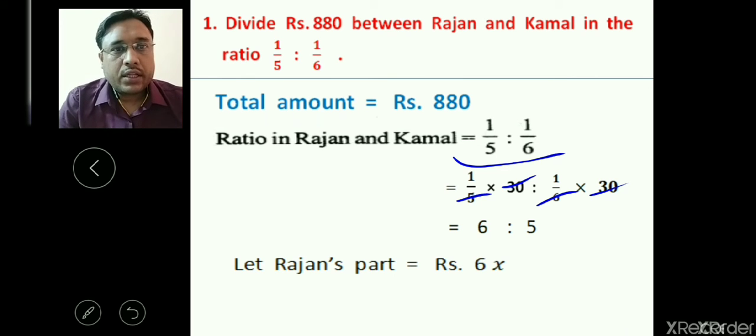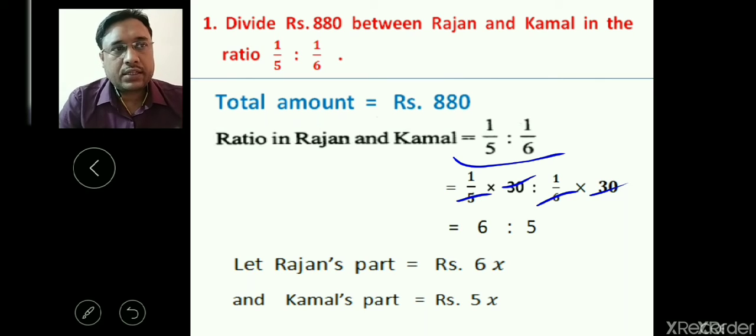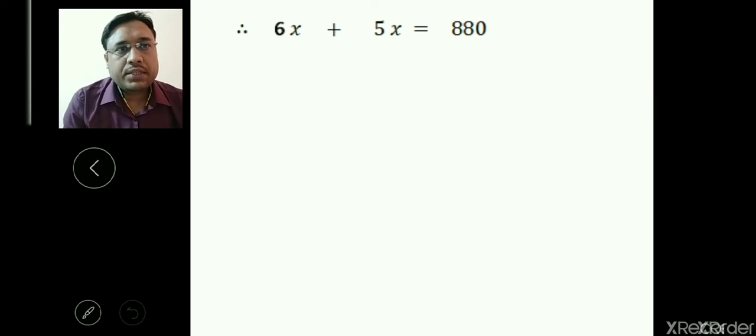Then let Rajan's part be rupees 6x and Kamal's part be rupees 5x. The sum is total 880 because we are dividing rupees 880 between these two persons.